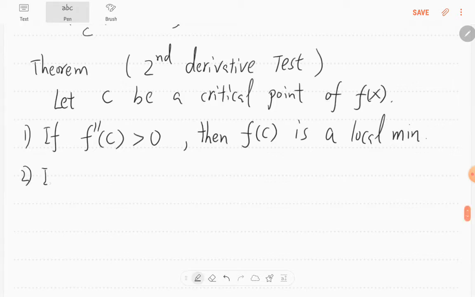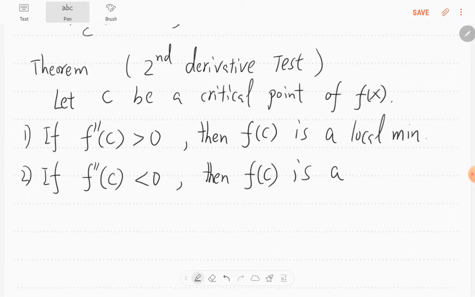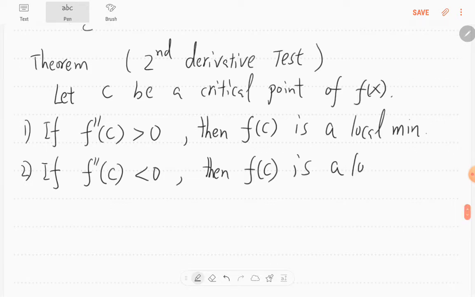2. If the second derivative at c is less than 0, that means nearby is concave down. So f of c would be a local maximum. 3.